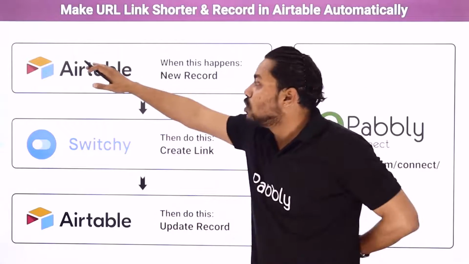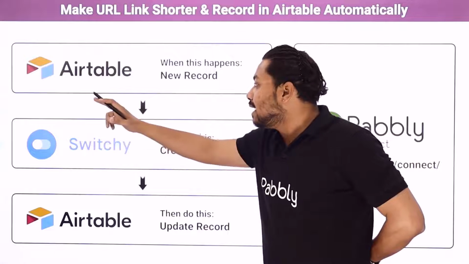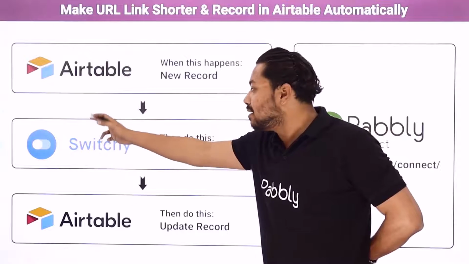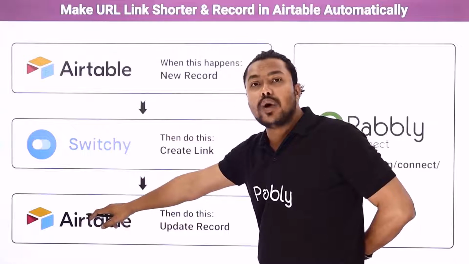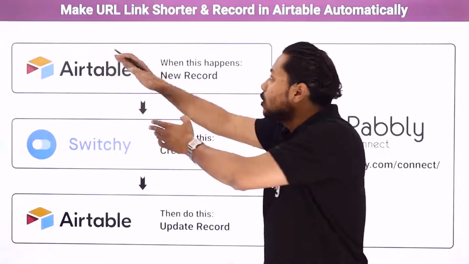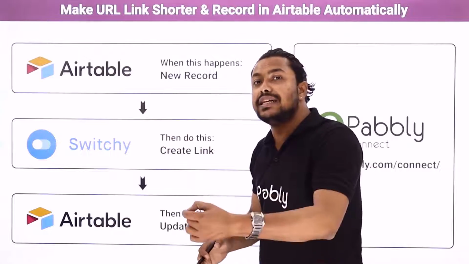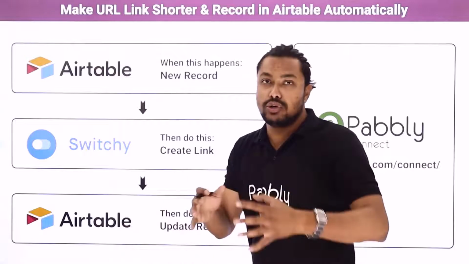Then those long links will get shortened by using Switchy, and then those short links will be inserted again into our Airtable database in the same row, and then the long URL link and the short URL link will be updated and present for you in the Airtable database to use.